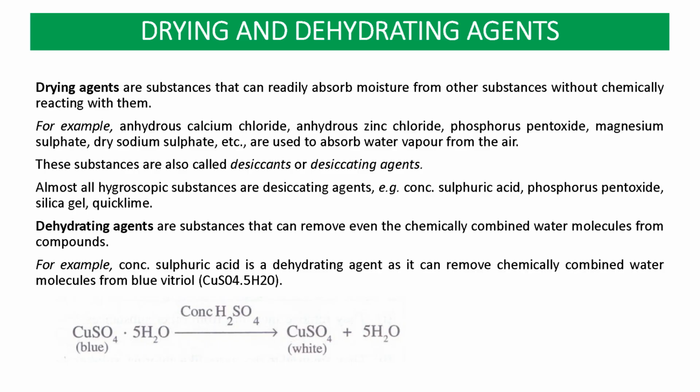And what are dehydrating agents? Dehydrating agents are substances that can remove even the chemically combined water molecules from substances. So basically dehydrating agents remove water of crystallization from substances. For example, you can see in this example, copper sulfate pentahydrate, the water of crystallization is here.